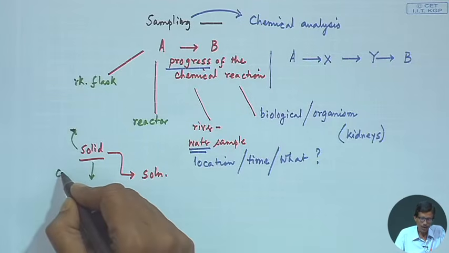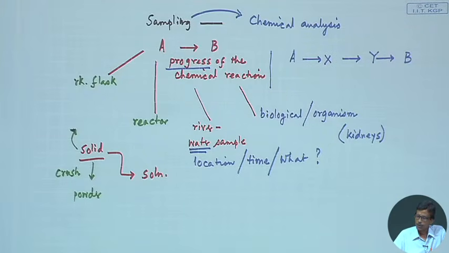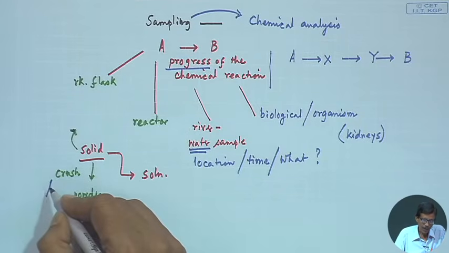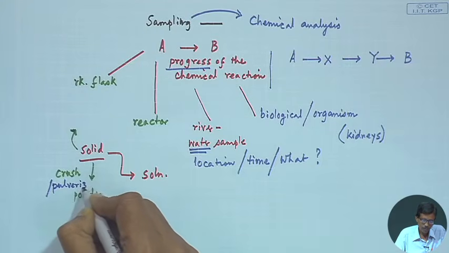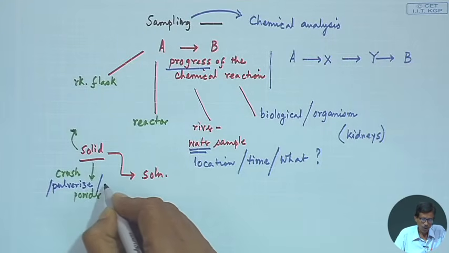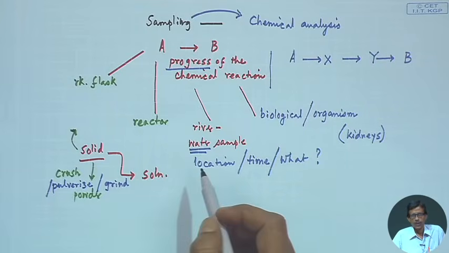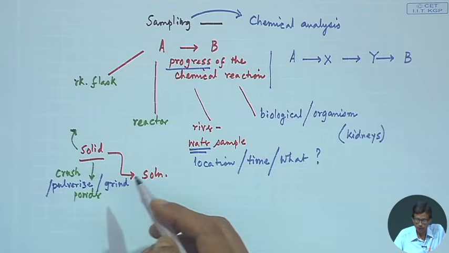So, we go for crushing. So, crushing is there. We crush that, then we can pulverize it, or finally we can grind them. So, to make this in the powder form, how to get this powder basically?